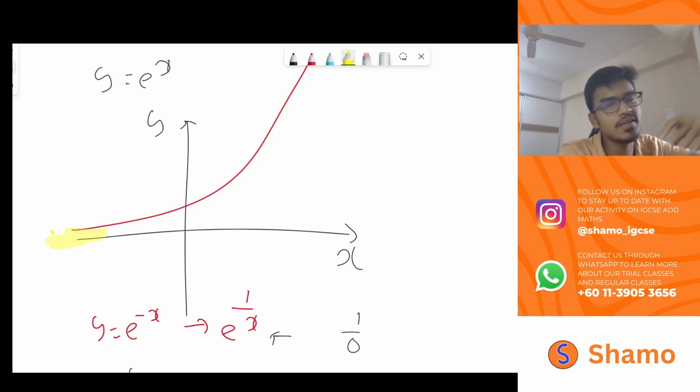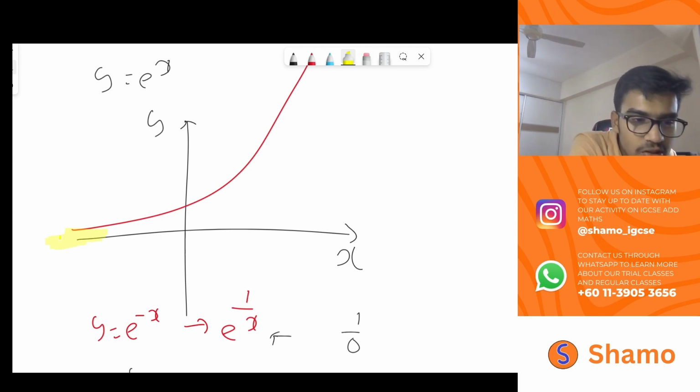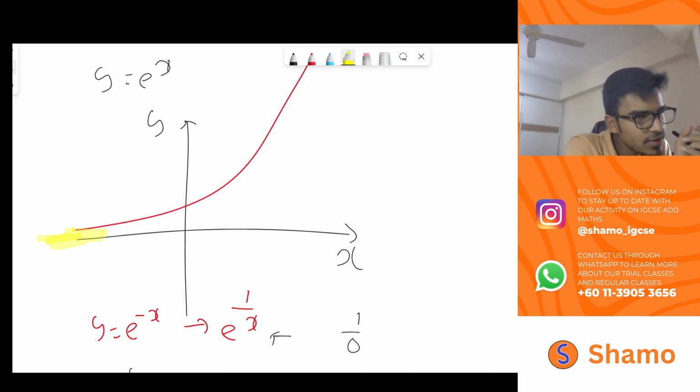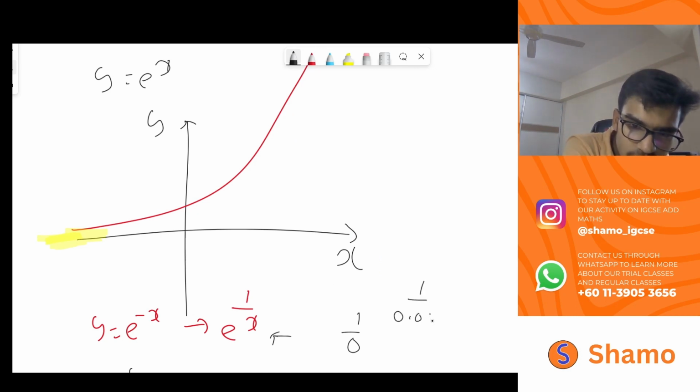When your x is very negative, you are almost at 0, but you try to remain as positive as you can. So, 1 over e power x, if e power x is a value just greater than 0, means 1 over a very small number. Something like 1 over 0.001. That'll be a big number.